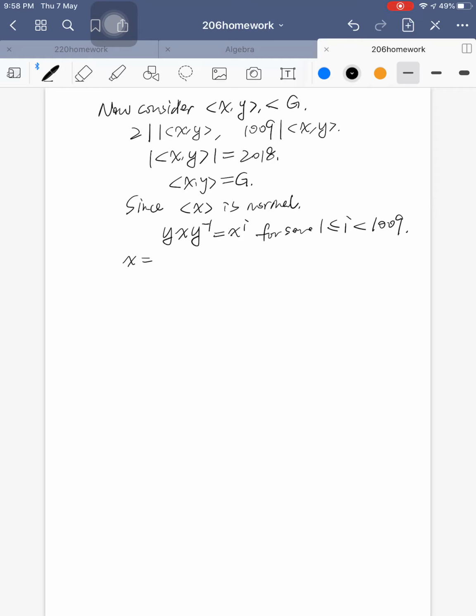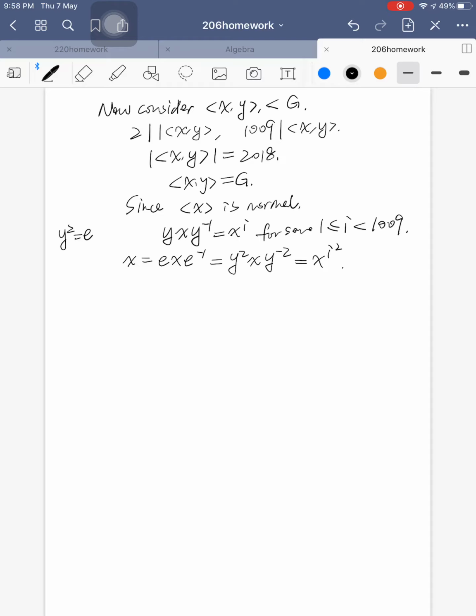So notice that X equals E X E inverse, and the reason I write this is that Y has order 2, so Y squared equals E, so we replace E by Y squared and E inverse by Y to the negative 2. So this can be treated as applying this conjugation twice. So this equals X to the power I squared.